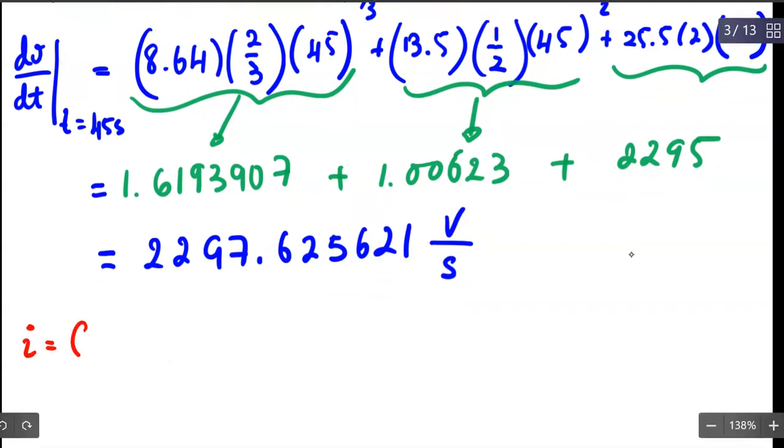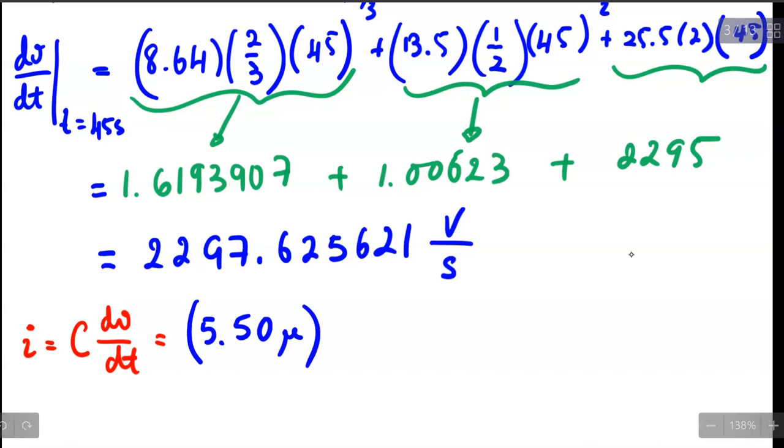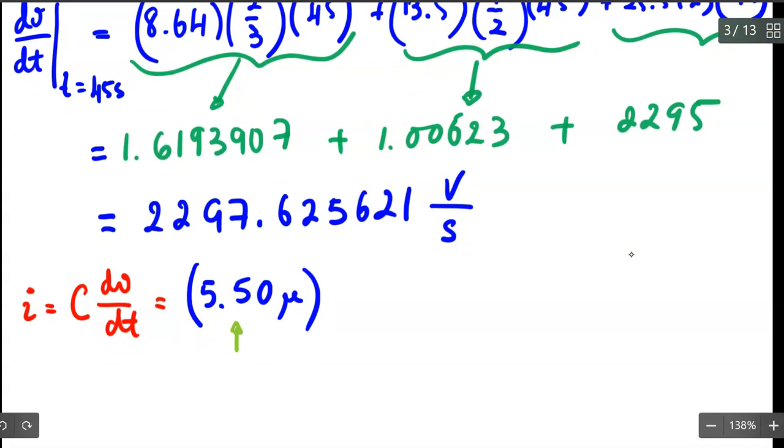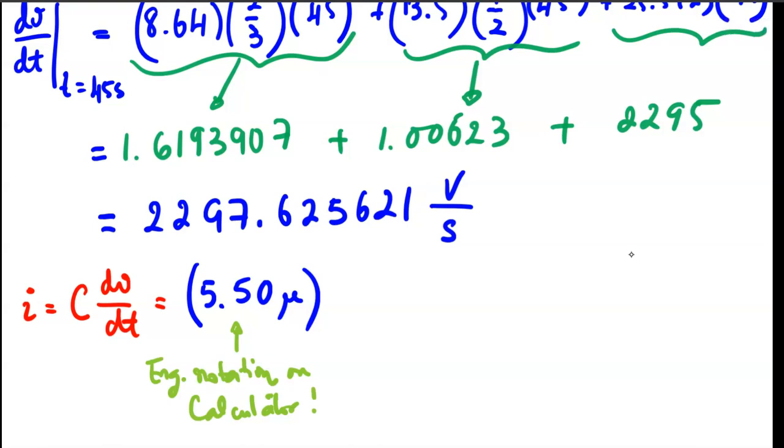I equals the value of my capacitor multiplied by what I just found here. So I will put in 5.50, and don't forget it's a micro. I want to remind everyone to put your calculators in engineering notation, so make sure that you turn that on.